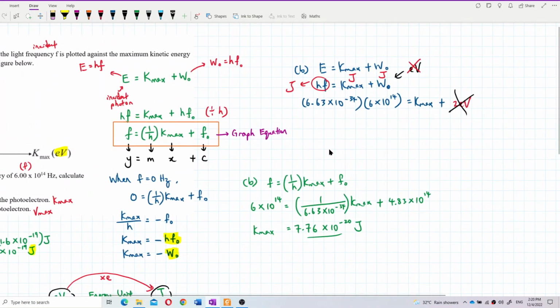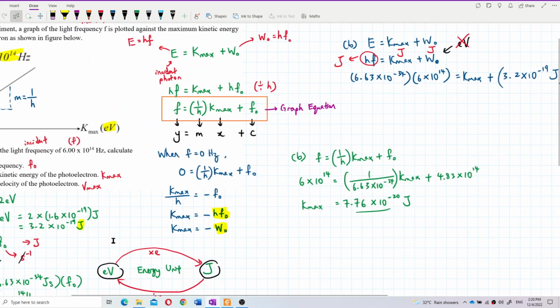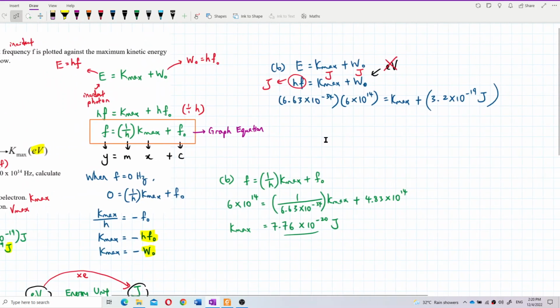Okay, let's calculate. Let's put it over here. 3.2 exponent negative 19 joule. This one also unit joule. So now I can find the Kmax. What's my Kmax?